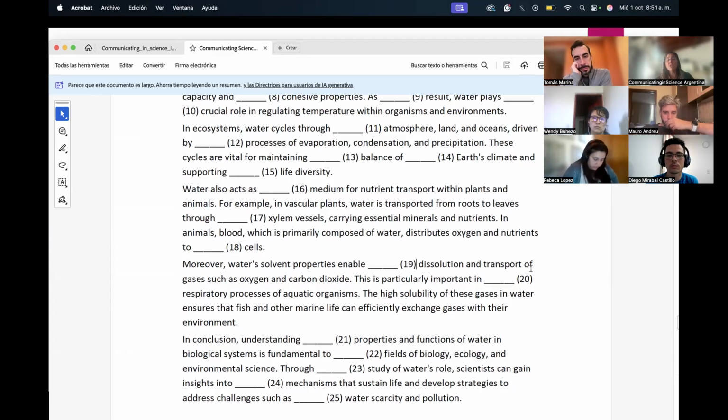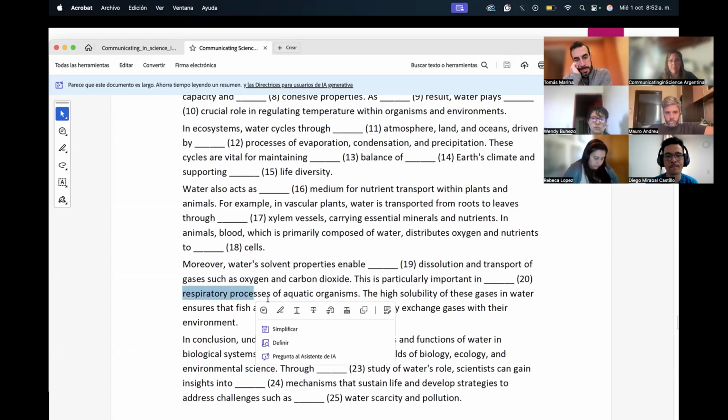In some cases, you will need the word the, like in here, respiratory processes. You need the word the in the respiratory processes. But in some other cases, you may not need it. In this case, for example, you do need it.